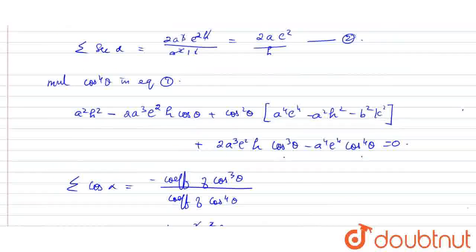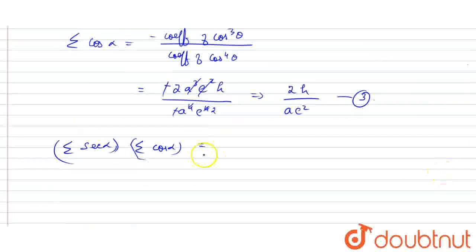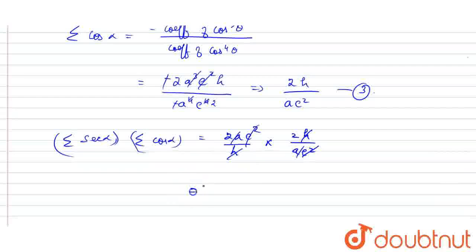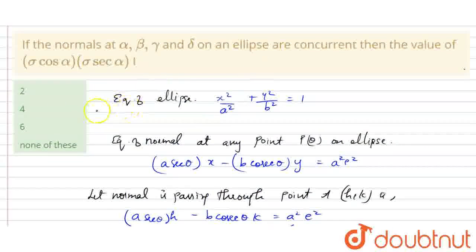So the value equals 2a e square by h into 2h by a e square. So e square cancel, a cancel here and h cancel here. Therefore the value here is 4. Okay, so the answer is 4 here. So if we see our options, option B is the correct answer.